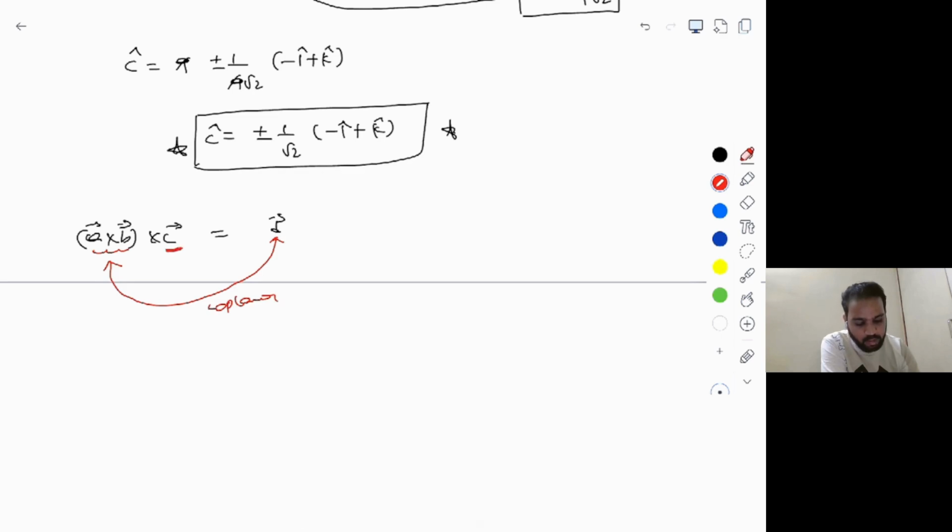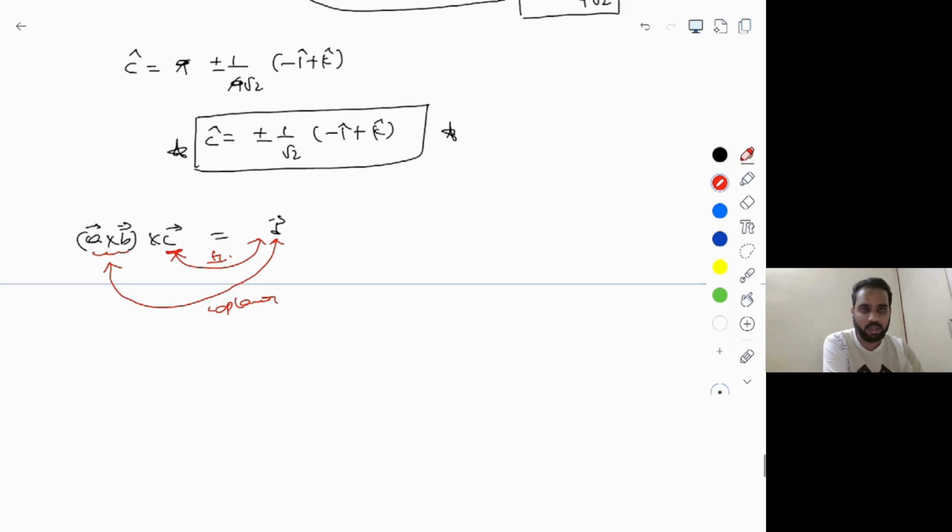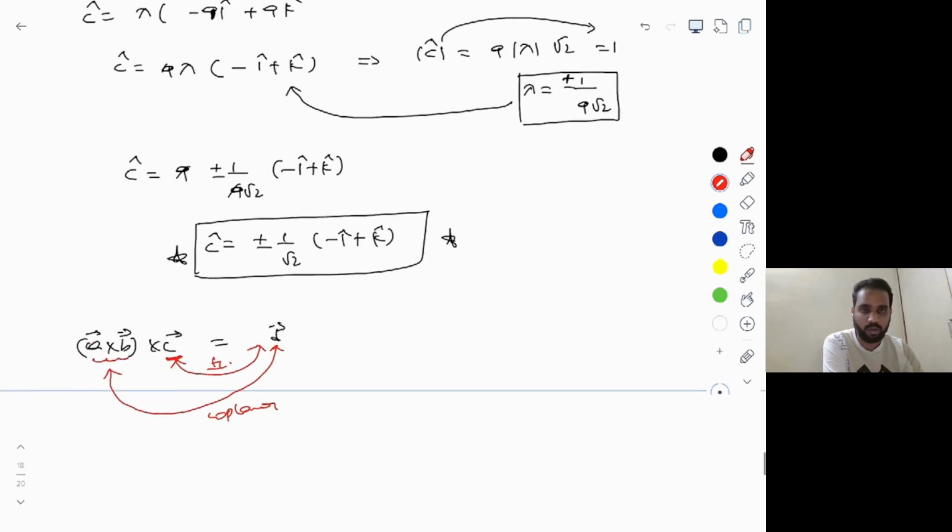And what is the vector outside the bracket? C bar. So C bar and D bar will be perpendicular to each other. So A cross B whole cross C is going to be a vector which is coplanar with A bar and B bar and also perpendicular to C. So that's how we need to understand the vector triple product.